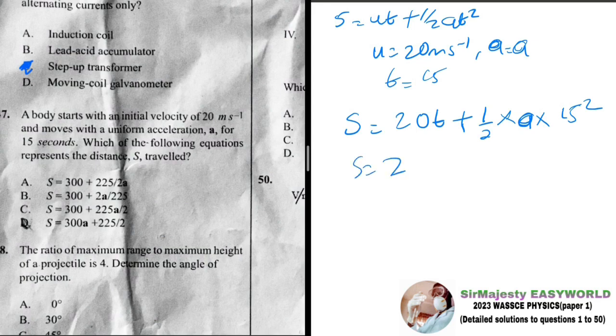So that's our s is equal to 20t plus 225a over 2.